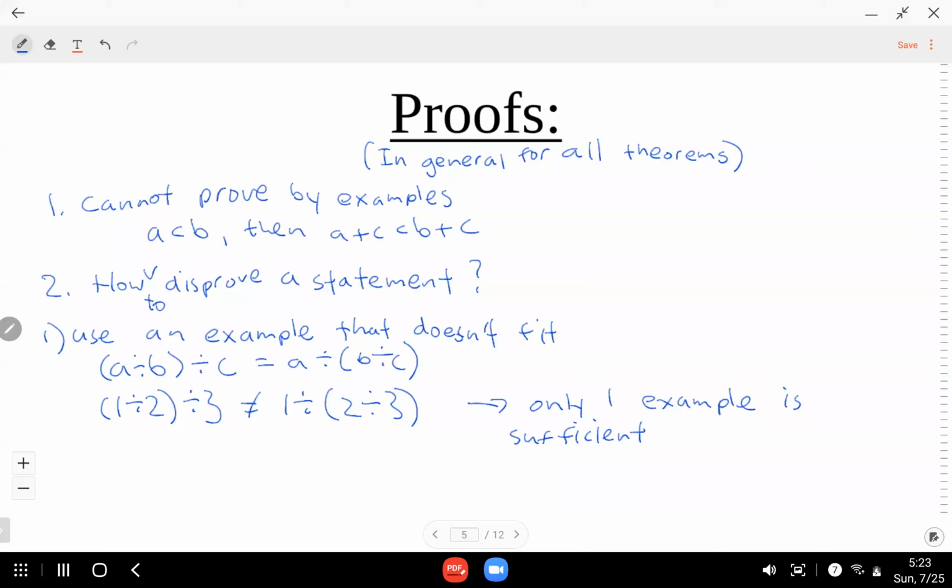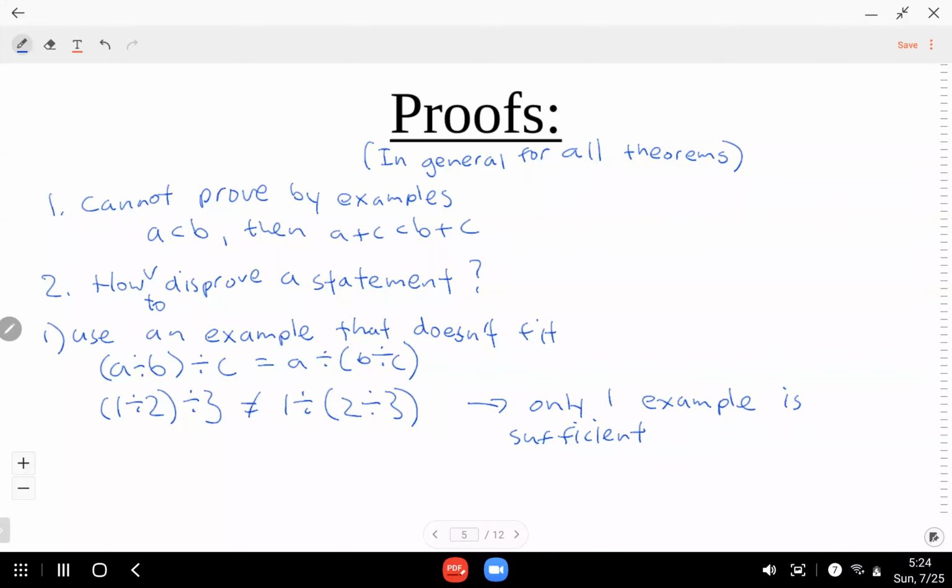Actually, proof by contradiction relates to what we're doing here, right? We're assuming that this is true and plugging in numbers.